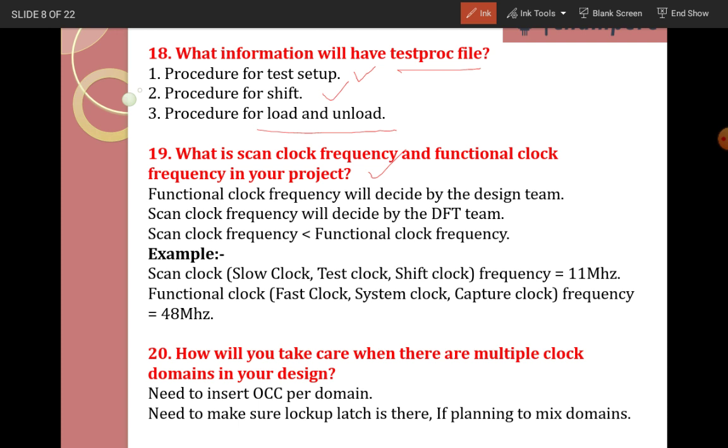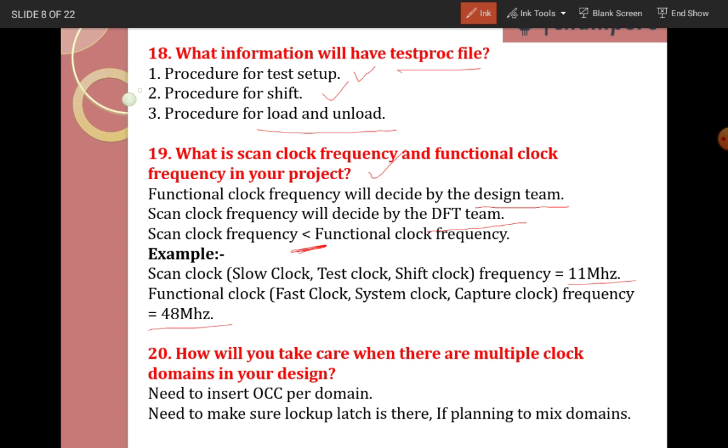When we are doing scan, the whole design is active, whereas in functional mode only a subset of elements is active. The functional clock frequency is decided by the design team, and the scan clock frequency is decided by the DFT team. For example, scan clock frequency 11 megahertz and functional clock frequency 40. This is based on your project.